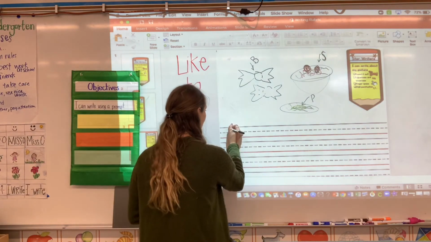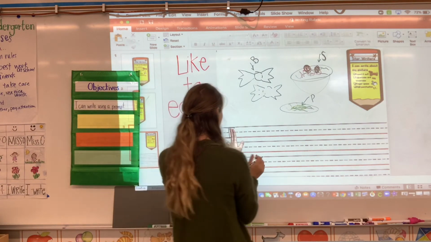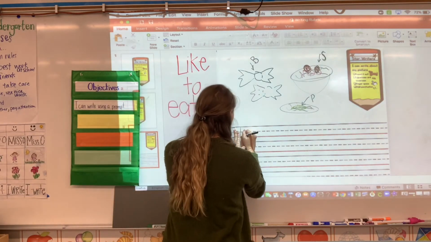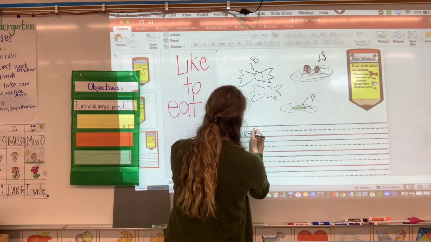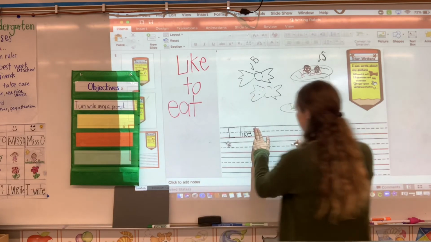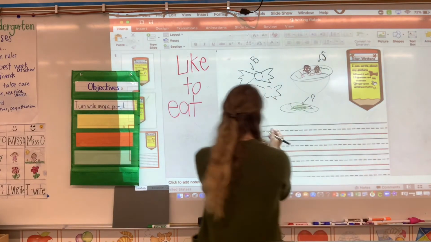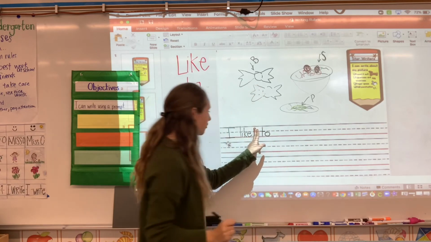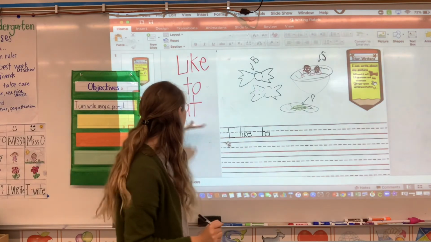And I need to make uppercase for the beginning of my sentence. I, finger space. I'm going to look at my words here to help me. Like, L-I-K-E. Finger space. Now I'm going to use my other sight word here, to, T-O. Making sure to use lowercase letters because I'm not at the beginning of my sentence anymore.